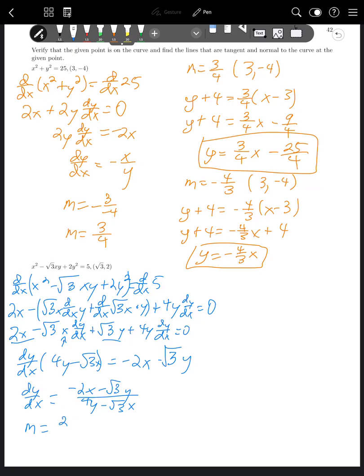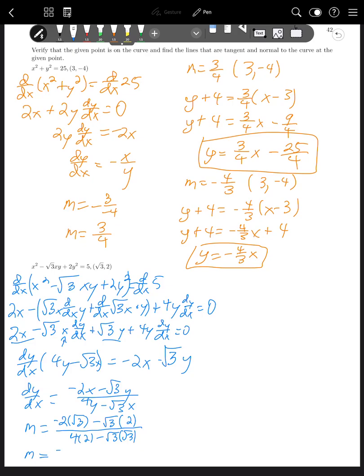So our slope is going to be negative 2 times root 3 minus root 3 times 2 over 4 times 2 minus root 3 times root 3.